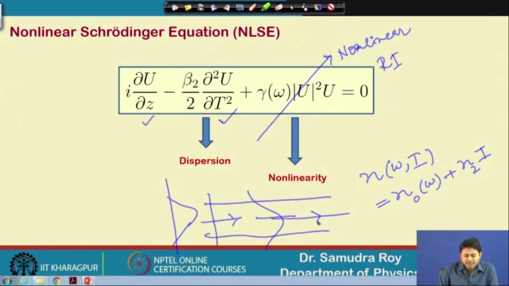Now, in quantum mechanics and in optics, there is a similarity between the potential and refractive index. You should remember this fact: in quantum mechanics, whatever I say potential is equivalent in optics to the refractive index.